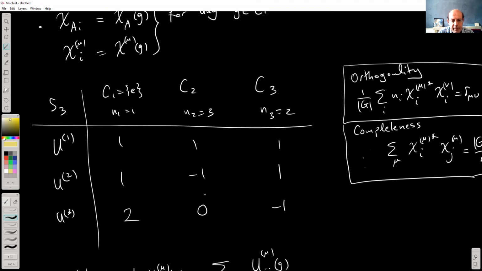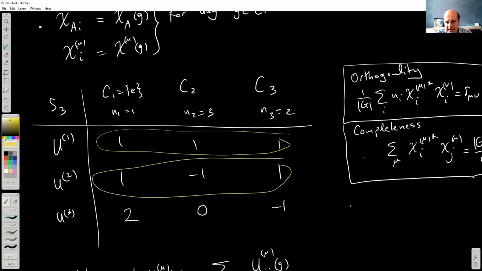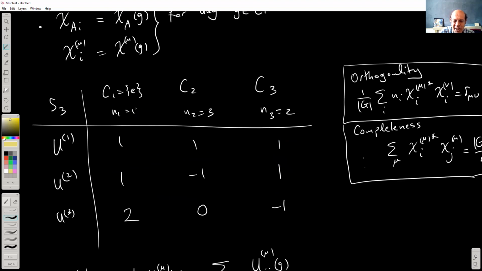So I'm just going to check a few of these. For example, let's say orthogonality of the first two rows. This is just the way that we do this calculation. We multiply this number, that number, and that number. So in the first case, identity case, each one is 1. And then for this one, I made a mistake in here. Sorry about this. So I'm going to undo all of them, right? So I'm multiplying the number and the entries and adding them up.